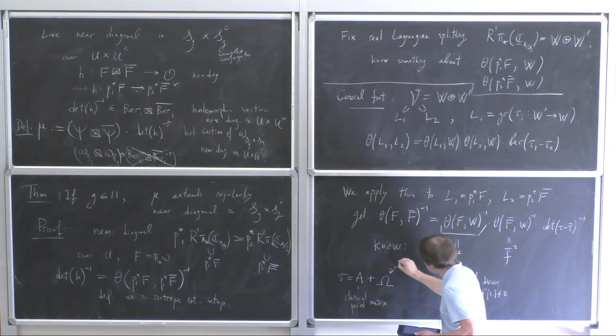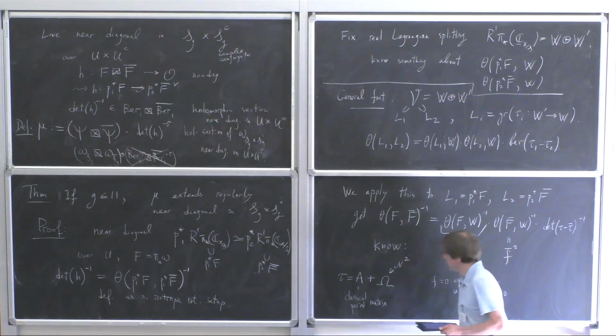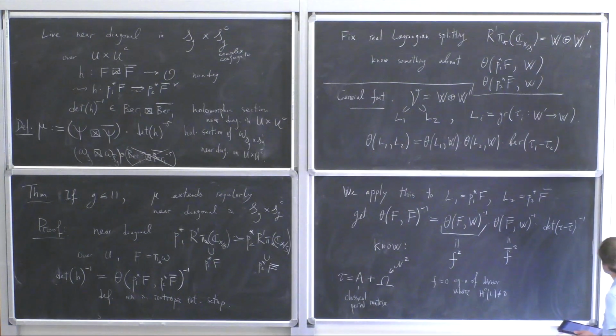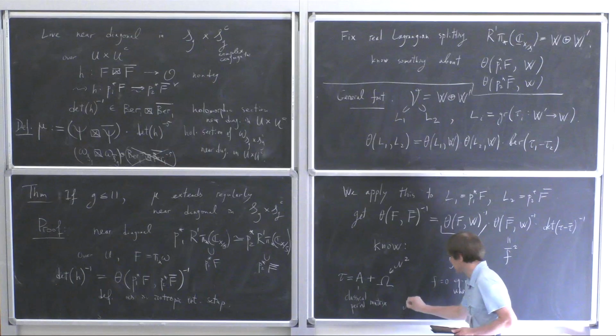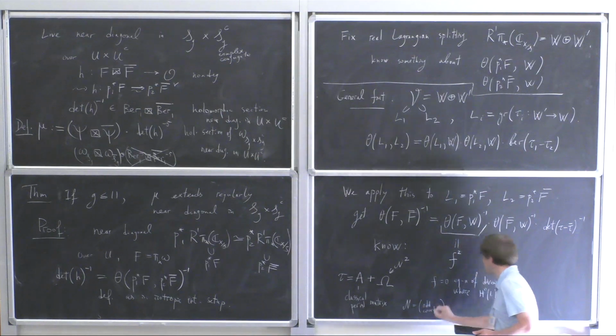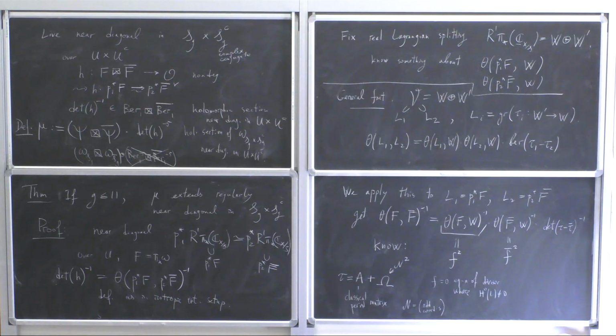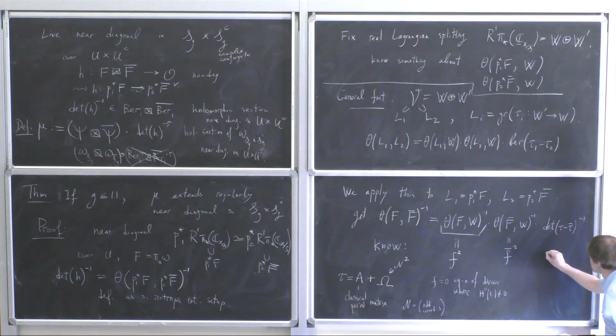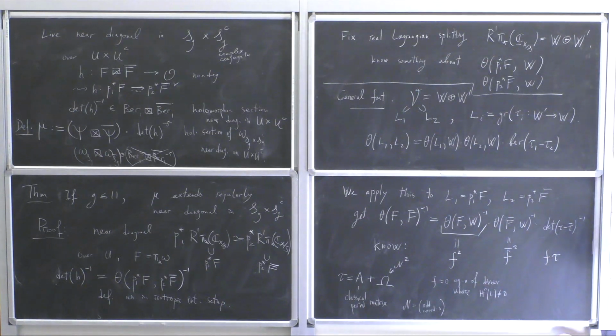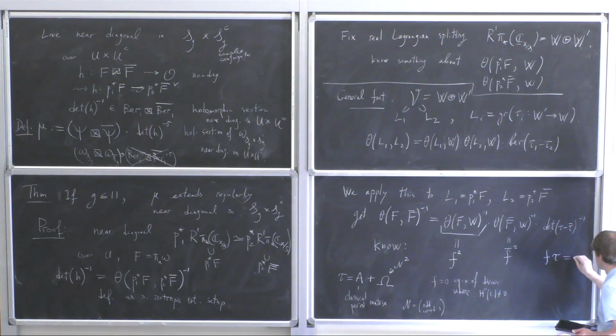So it will live in the square of the ideal generated by odd coordinates. So n is the ideal generated by odd coordinates on the moduli space. And from the previous theorem, we also know that tau has a pole at most of order 1 along f. So f times tau is regular.